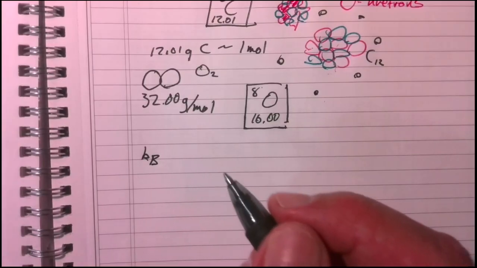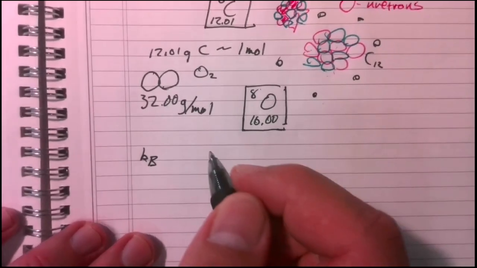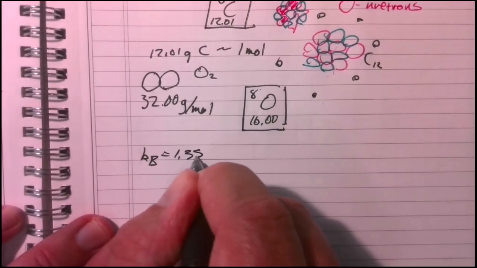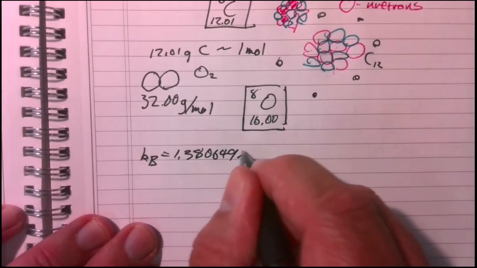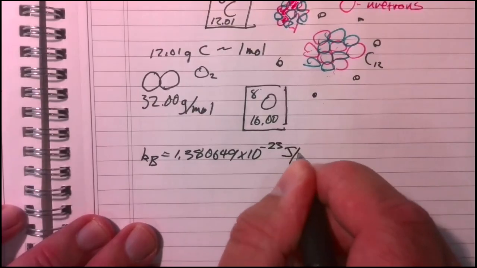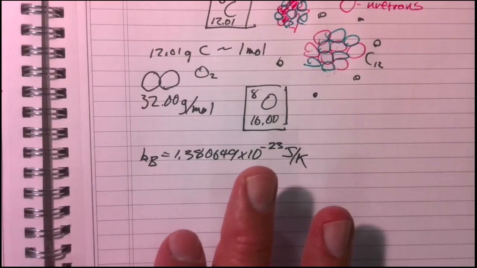This is another very important constant that we're going to use a lot. The Boltzmann constant is equal to 1.380649 times 10 to the minus 23 joules per Kelvin. We use it to relate the thermal energy in a gas to the gas's kinetic energy.